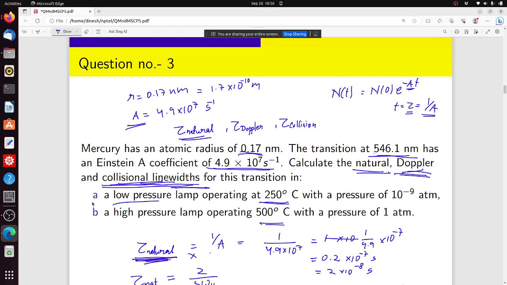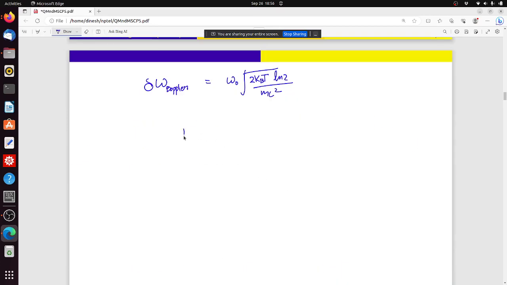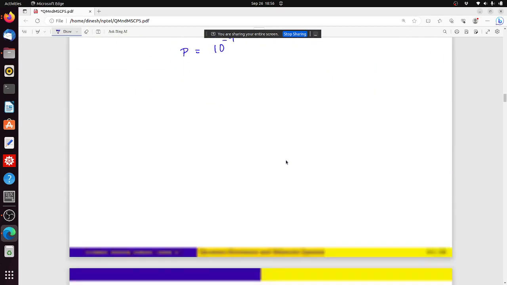We have two conditions, A and B. One is low pressure, low temperature, and the other is high pressure, high temperature. So this pressure is also given. Pressure is 10 to the power minus 9 atmosphere.